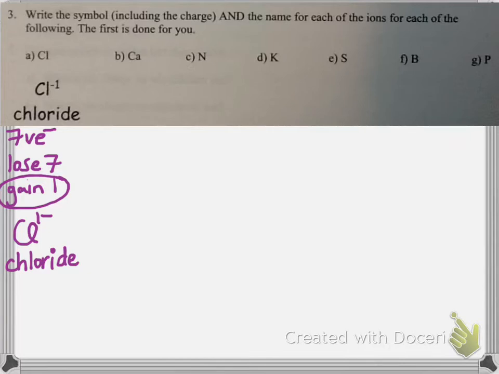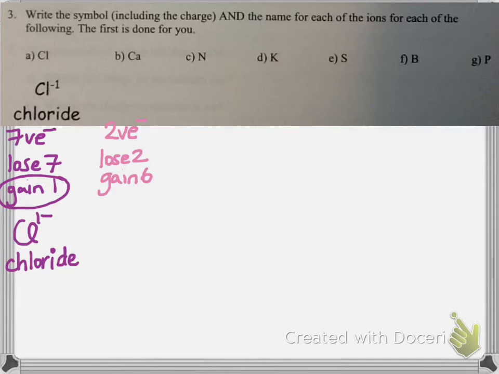So, taking a look at calcium. Calcium is in group 2A, so it has 2 valence electrons. So its choices would be it can lose those 2, or it can gain 6 to get the octet, like the noble gases have. If calcium loses 2, it's going to be like argon.